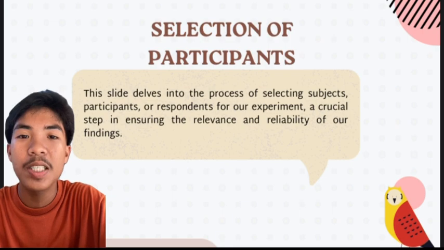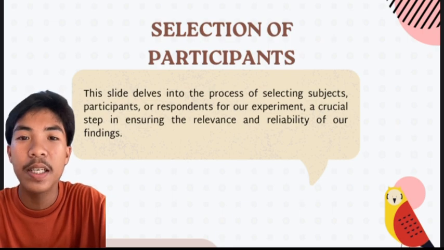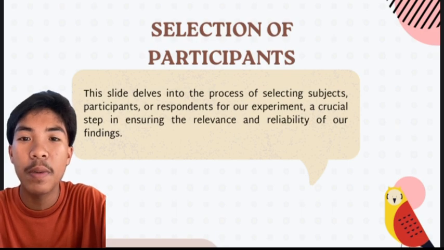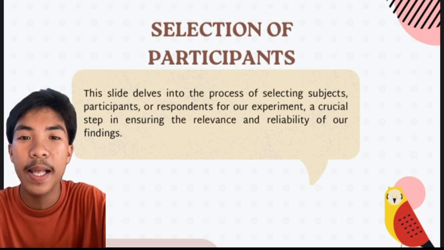This step isn't just about filling roles. It's a crucial move to ensure that our findings are not only relevant but also reliable. Like assembling a cast that truly fits the script of our study, selecting subjects is a critical step for the relevance and reliability of our experiment.